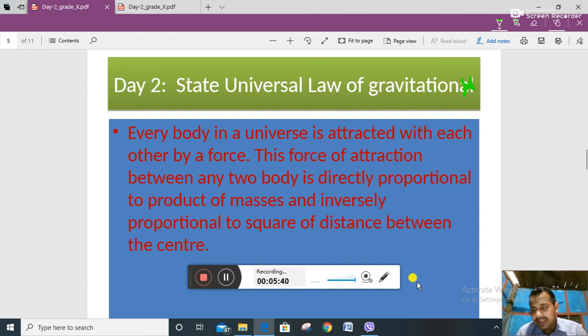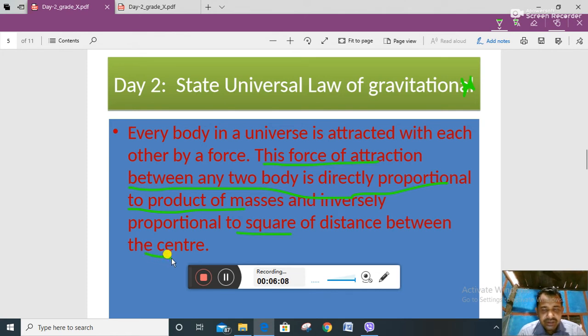It means if there are any two masses in the whole universe, they are attracted to each other, because Newton's law of gravitation force is an attractive force. So the force of attraction between any two bodies is directly proportional to the product of masses and inversely proportional to the square of distance between their centers.